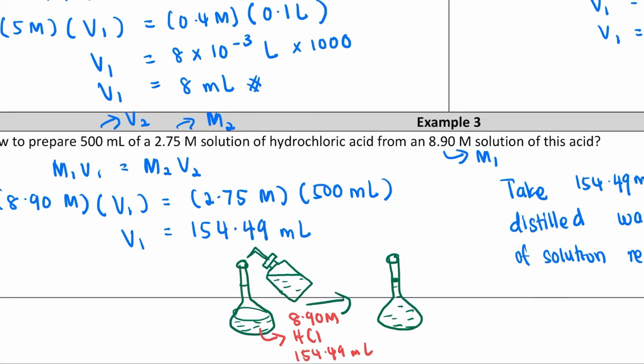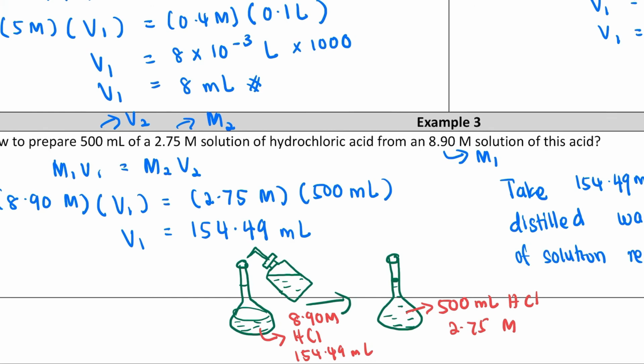Kita masukkan air suling tu dalam ni, up until calibrated mark here, sampai garisan ni je, jangan lebih. Kalau lebih, solution kita salah, kita kena prepare lagi sekali. Kita masukkan solution tu sampai 500 ml, then dapatlah solution yang kita nak, iaitu 500 ml HCl yang concentration-nya 2.75 molar.